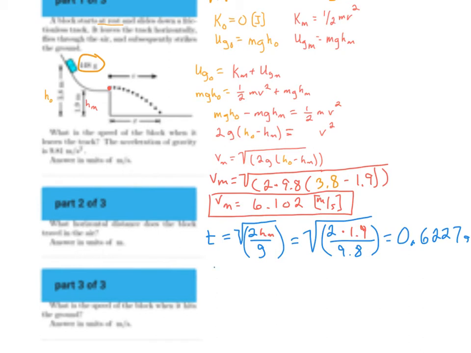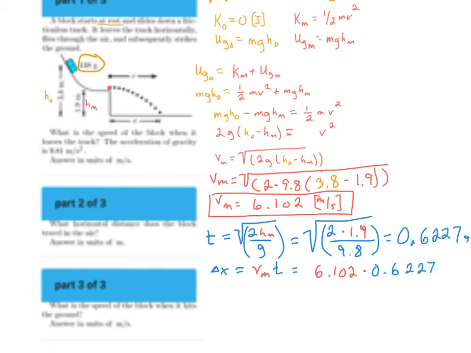So the horizontal distance that it goes, which is delta x, is equal to the horizontal velocity, which was the velocity we found in part 1. So that's Vm multiplied by our time. My answer from part 1, I had 6.102, and I'm going to multiply that by my time that I just calculated, 0.6227.